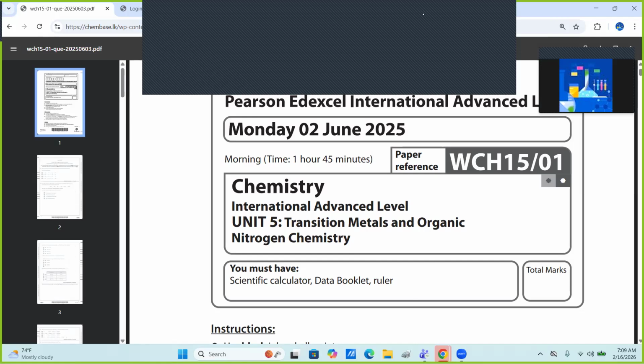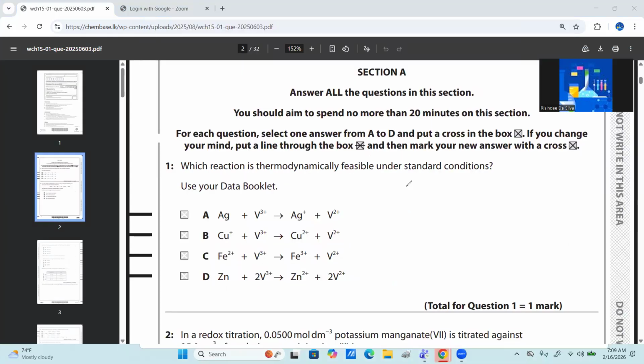To do this question, you need to know the E naught values, and we know E naught values are given as reduction potentials. Therefore, I'll write the E naught values first. I'll write the equations. Ag plus with e gives Ag.